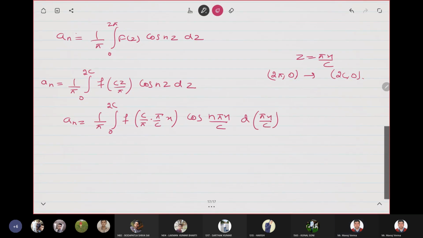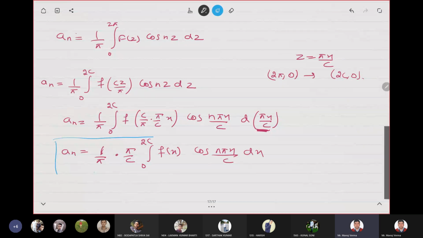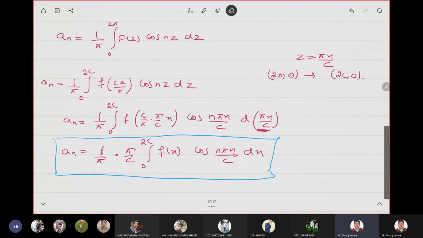Again, this pi by c I can take outside, 1 over pi dot pi by c, integral 0 to 2c f of x cos n pi x by c dx, right? This will be my value of an. This 1 over pi dot pi by c will become 1 over c.